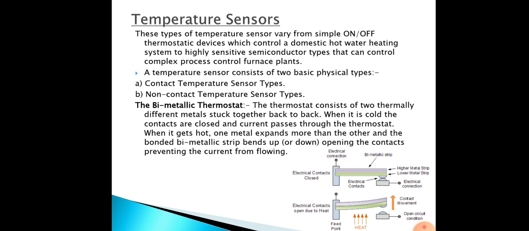In the second diagram, the strip bends and it opens. Due to this opening of the contacts, the current will not flow. Like this it will be working.